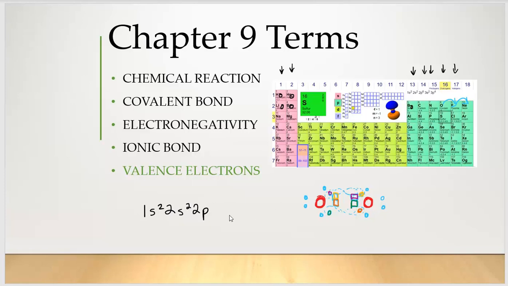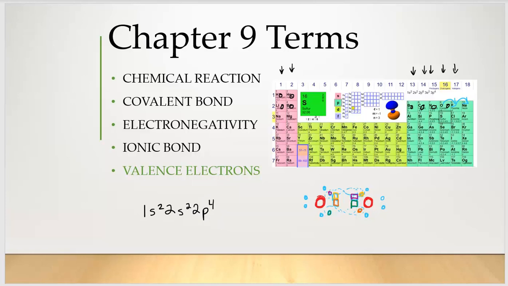There's 1. We'll put 1 and then change that to 2, and then change that to 3, and then change that to 4. So we get, for oxygen, this as the electron configuration. So you look at the last number, right, and that is 2s2 2p4. The last number is in other words 2, right?